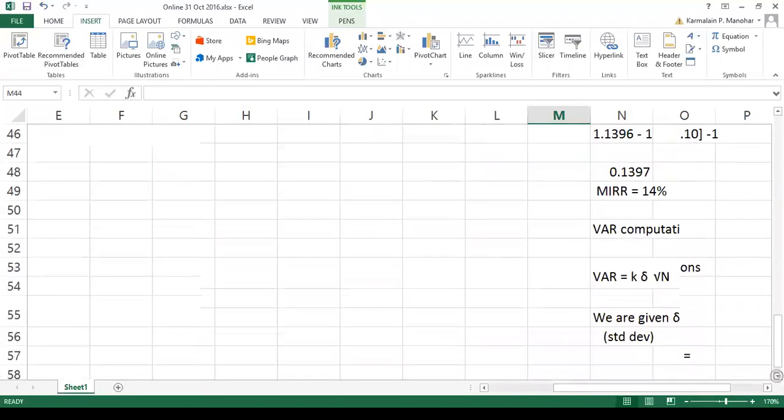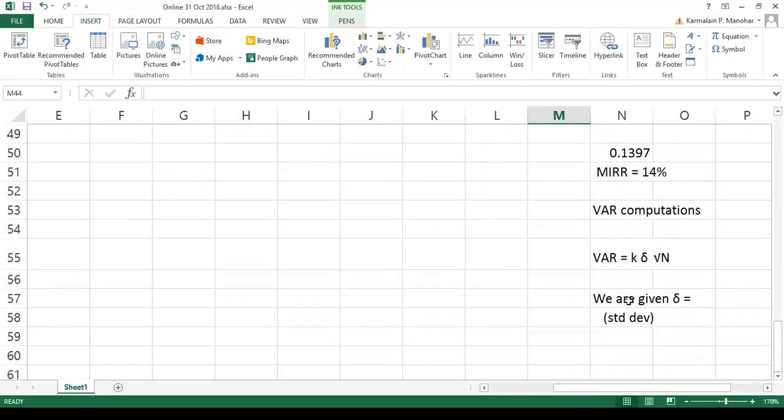Right, so we were working on the VAR computations. We got to realize that we were given the standard deviation in the question and it was 400,000 euros. So that was the standard deviation, the value of n. How many years are we looking at?